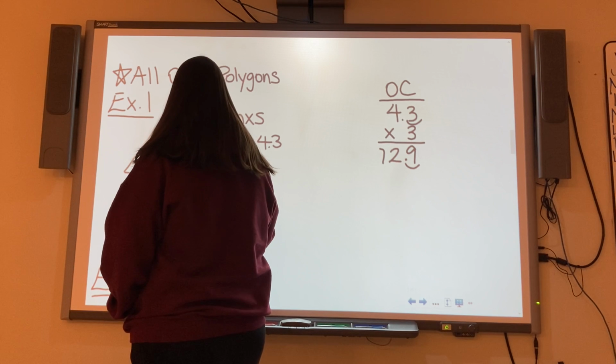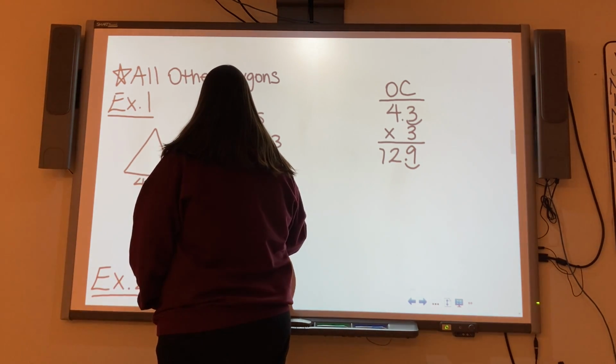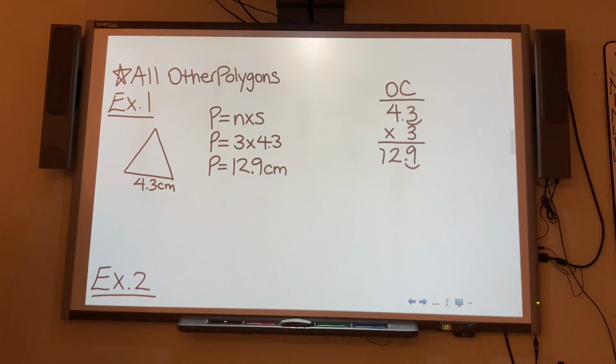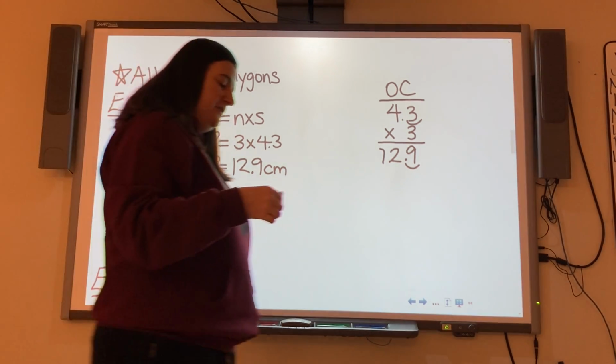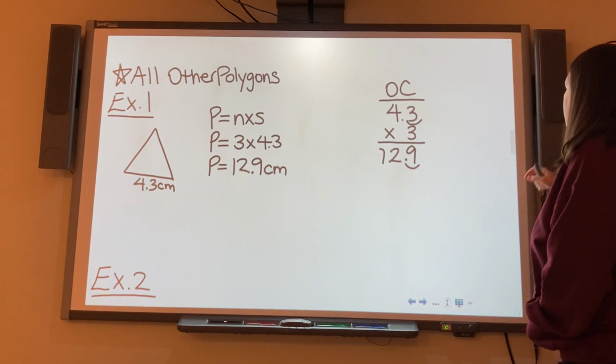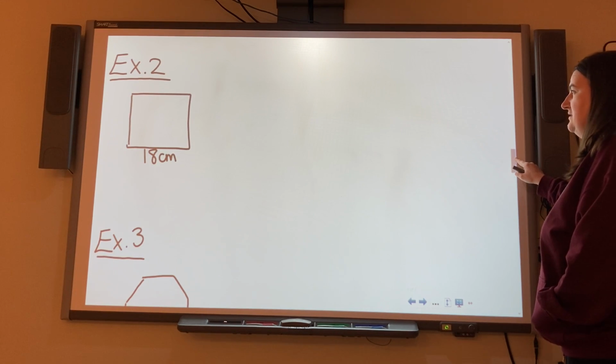P equals 12.9, unit of measurement, centimeters. All right, so we'll do example number 2, and then example number 3 will be for you to do tonight as your homework to practice for your quiz tomorrow. So there's example number 2.